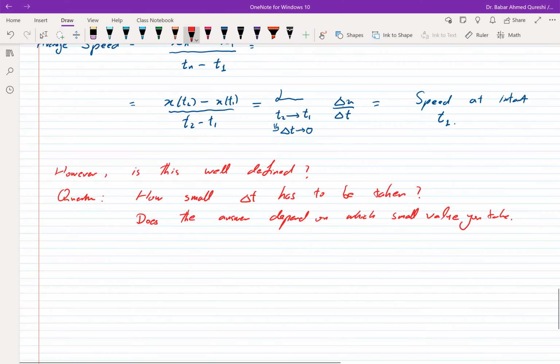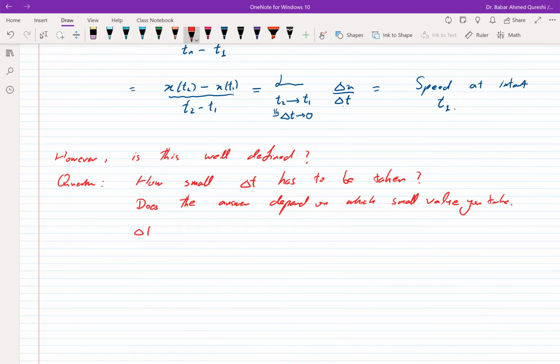Well, perhaps you can say, make it exactly equal to 0. By the way, when I say 0, why not delta t exactly 0? This thing is just not possible. Well, why not?